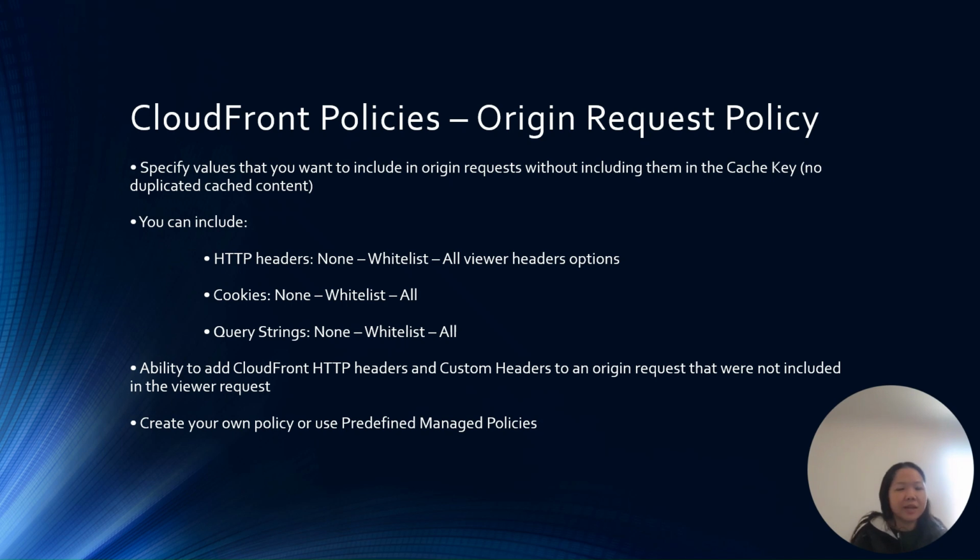You can include HTTP headers (none, whitelist, or all viewer headers), cookies (none, whitelist, or all), and query strings (none, whitelist, or all). You also have the ability to add CloudFront HTTP headers and custom headers to an origin request that were not included in the viewer request. Create your own policy or use a predefined managed policy.